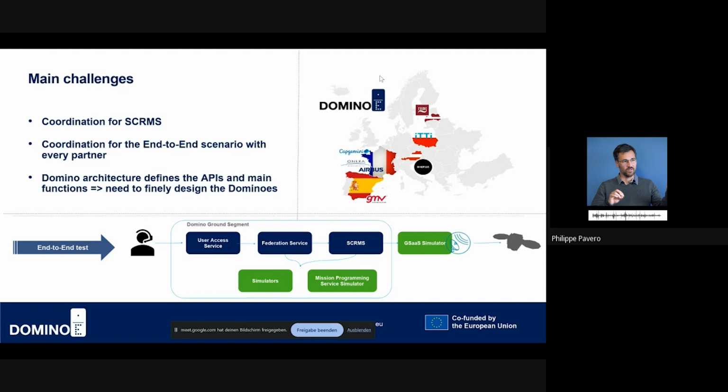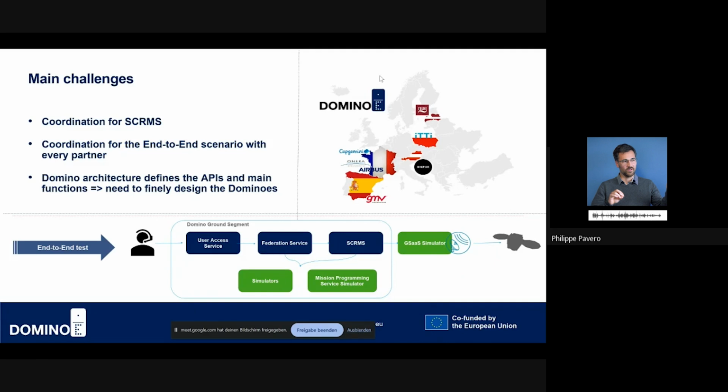So that's the third point that is written here on the slide. We have the Domino architecture, and we will be testing it, as you said, in the end-to-end scenario test. But it defines the APIs and main functions.